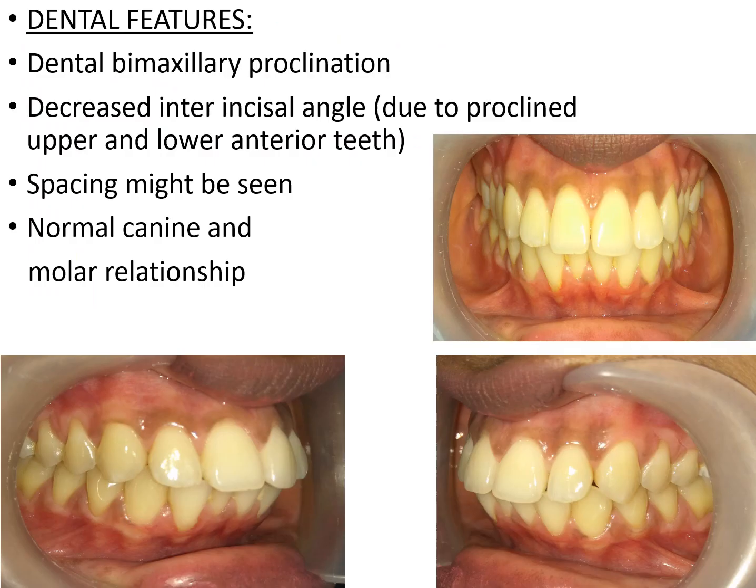Dentally, what do you see in these kind of patients? So dentally, you can see a bimaxillary proclination, right? So definitely there is a proclination of your upper and lower teeth. There is spacing here that you might see, but the molar and canine might be normal. That is, the molar is still in class 1, but you have some malocclusions going on in the arch, right?